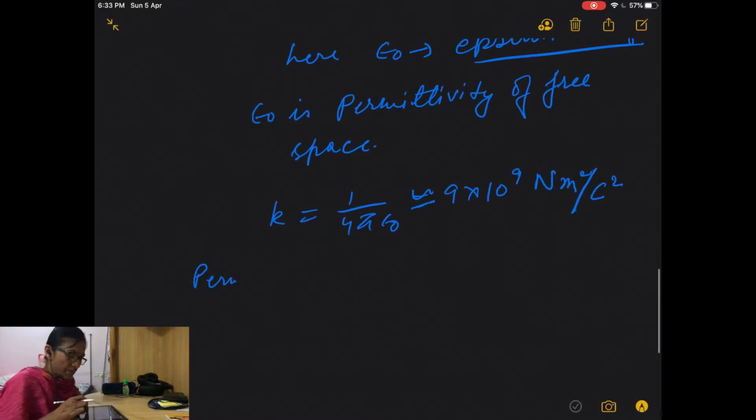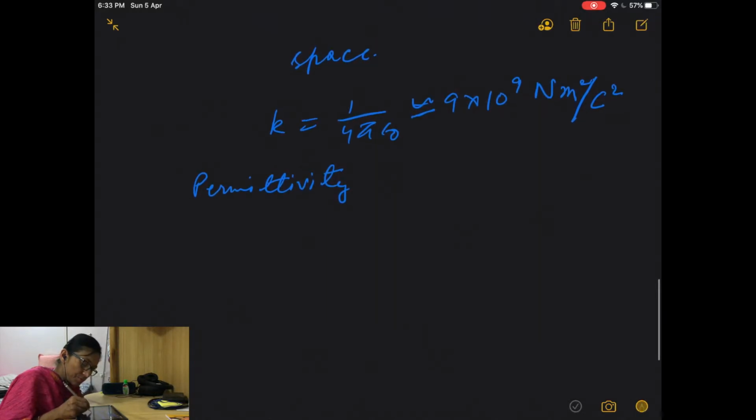Now what is permittivity? When you place some charge in a medium, in any surrounding, and it has to apply some force on some other charge which is at some distance, the medium should permit the charge to apply some force by creating some field.